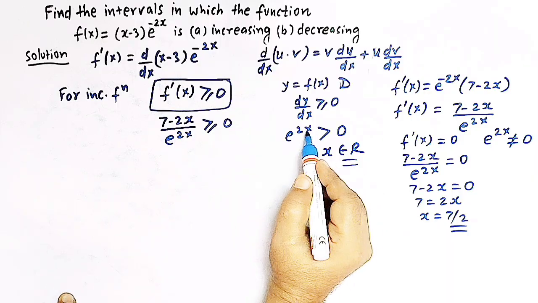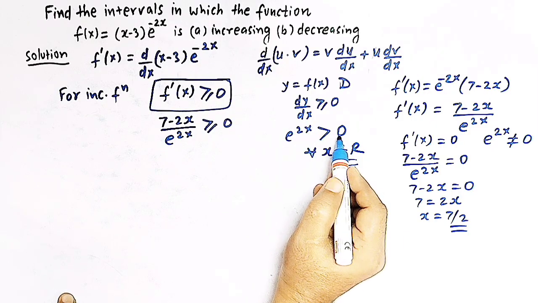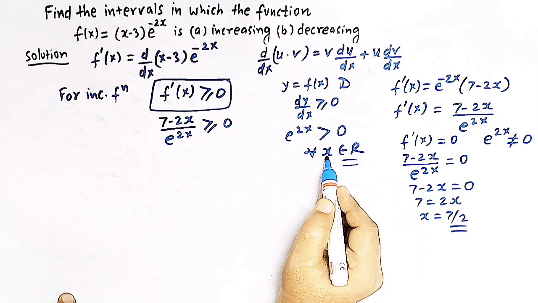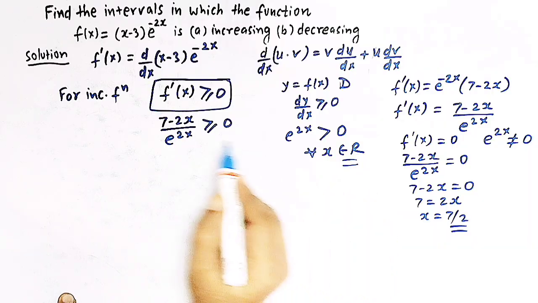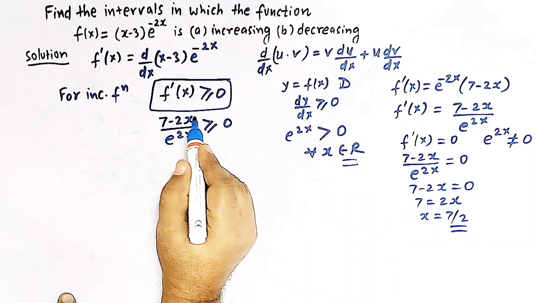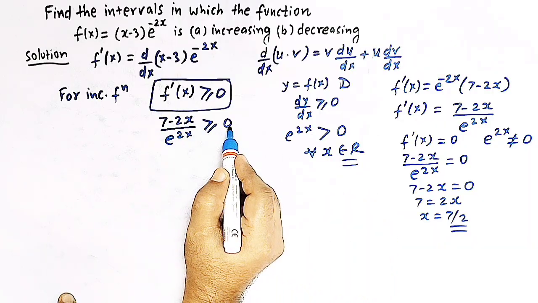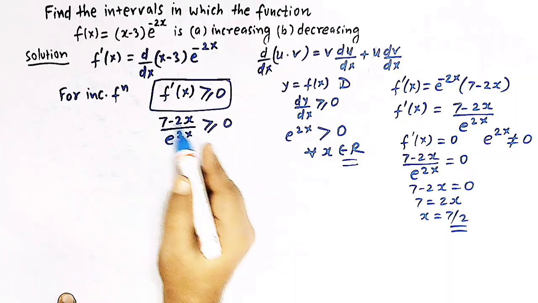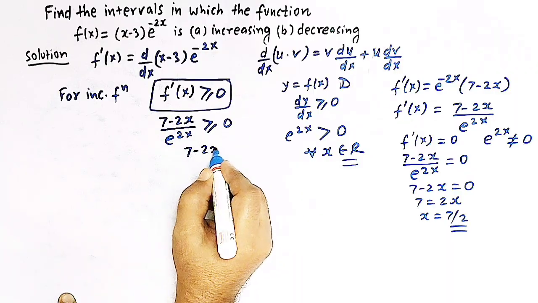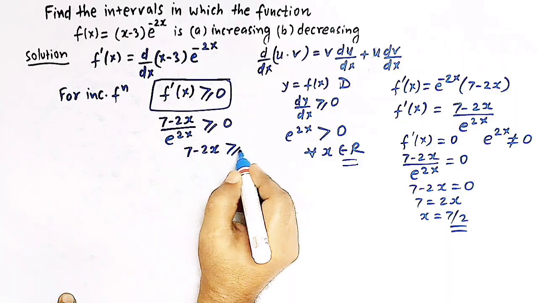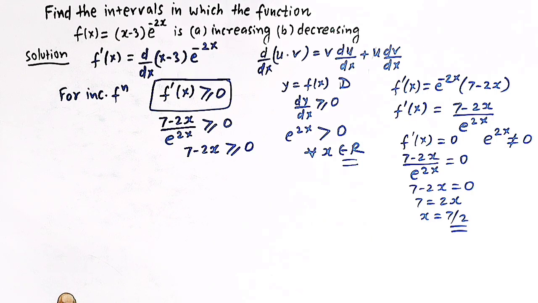So the exponential function is always going to be greater than 0 for all x belonging to R. So for this quantity to be greater than or equal to 0, the numerator, that is 7 minus 2x, it has to be greater than or equal to 0.